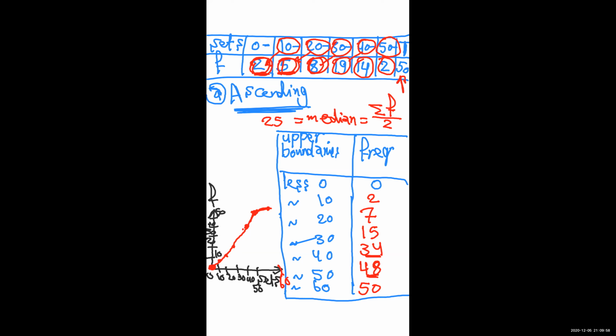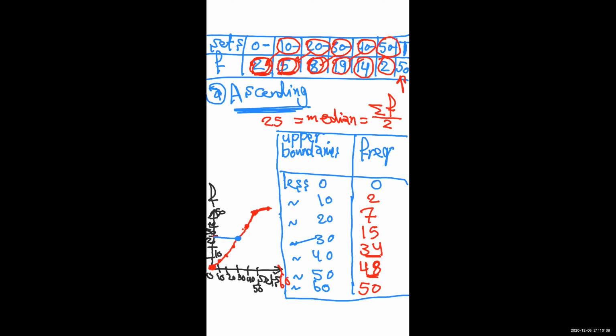Now we said to determine the point which represents the order of the median on the vertical axis of frequency. So the frequency here, 25, this point between 20 and 30. Then draw a straight horizontal line to intersect the curve. I will use a blue color. It will intersect the curve here.